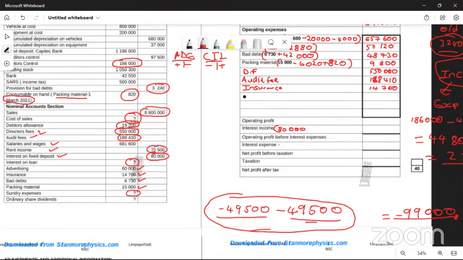Sundry expenses, you balance with them, unless something else is indicated. Normally you balance with your sundry expenses, so you leave a question mark for them. Then we continue to the items that are not on the pre-adjustment, that you won't find there: depreciation. So we have to account for depreciation, one step at a time.